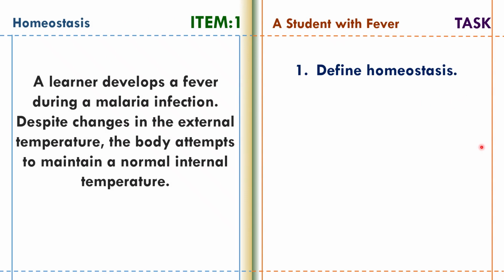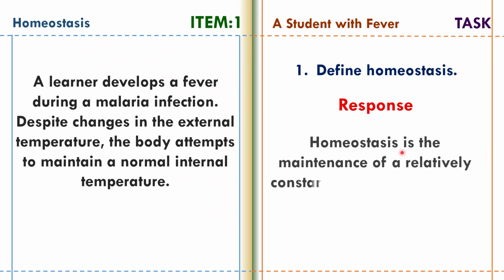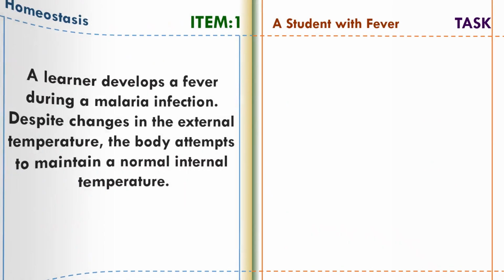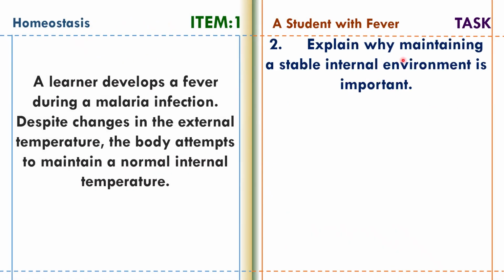Define homeostasis. Homeostasis is the maintenance of a relatively constant internal environment within narrow limits, despite changes in the external environment. Explain why maintaining a stable internal environment is important.